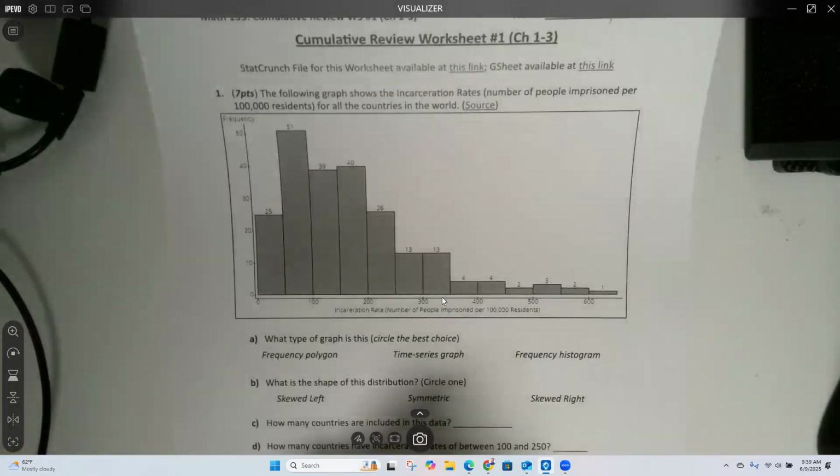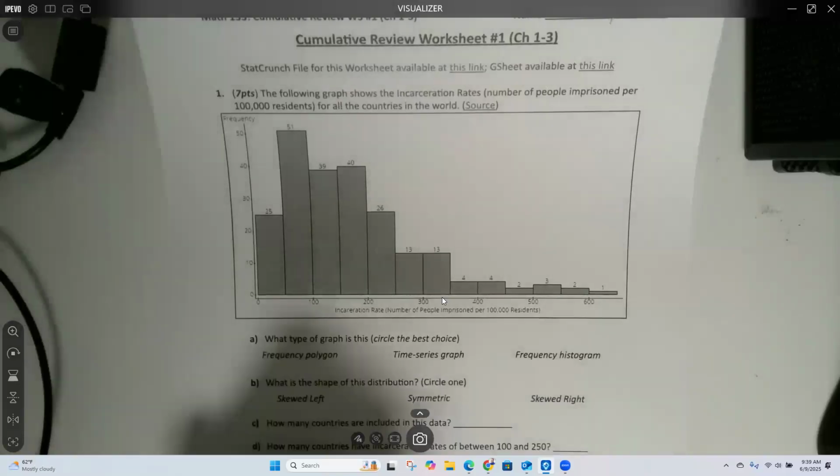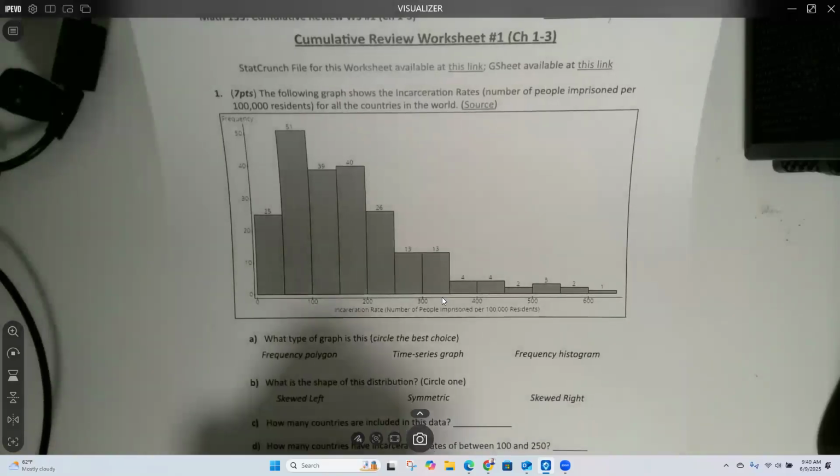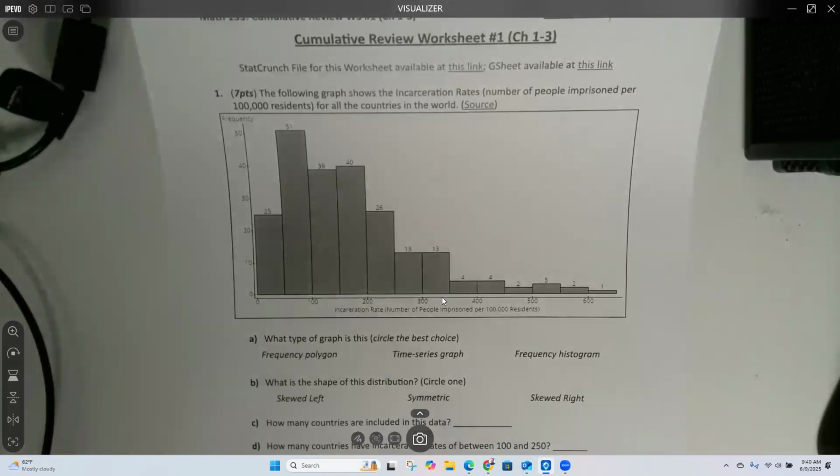So probability is going to be a fraction. Okay. A probability is a numerator and a denominator. The numerator is going to be the thing that you want to have happen, and the denominator is going to be the total number of outcomes.